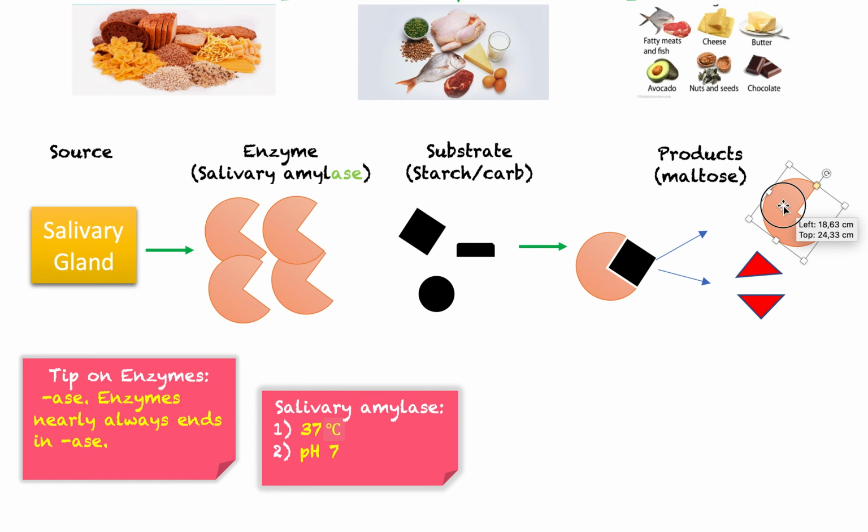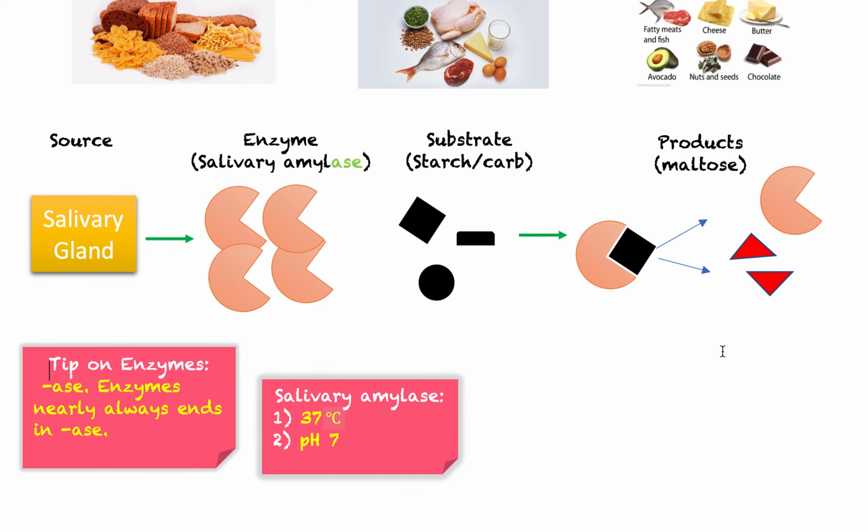And then as well, the product will be the enzyme itself. It's important to know that when the enzyme interacts with a substrate, the enzyme is never affected. It will always remain exactly the same as it was before. Only the substrate is changed. The enzyme itself will remain 100% fine. That's why the products include the enzyme and the actual product, which was broken down from the substrate.